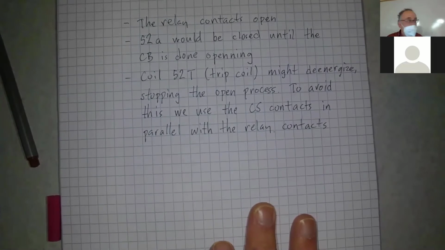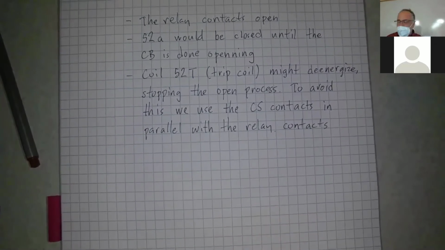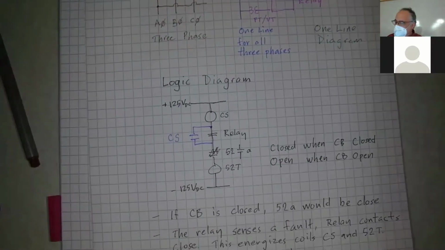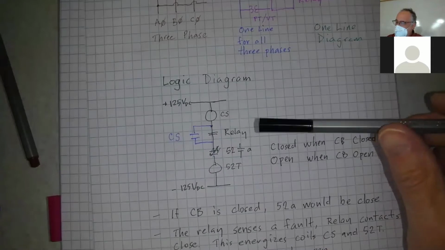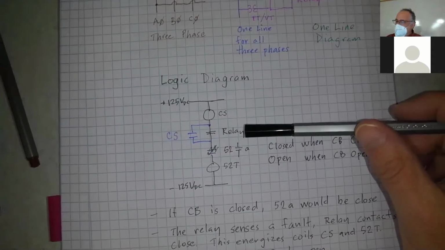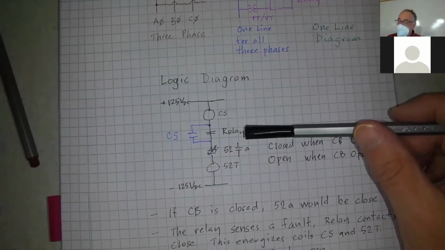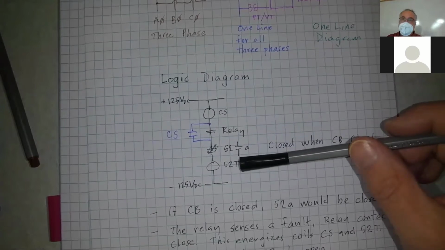Nowadays, if you've got a microprocessor-based one, you can handle all this in microprocessor. Some people still like to do it, but if you had an electromechanical relay, and the reason for tripping would be an overcurrent, as soon as that circuit breaker starts to open, that overcurrent is going to decrease, right?